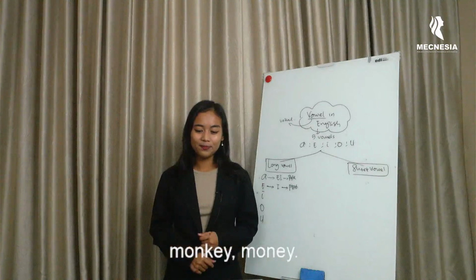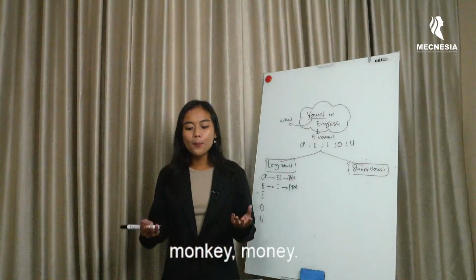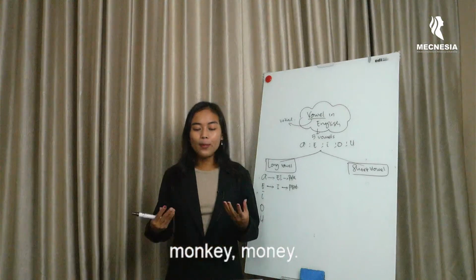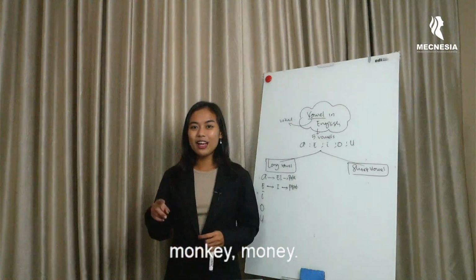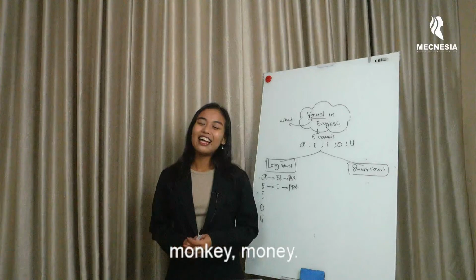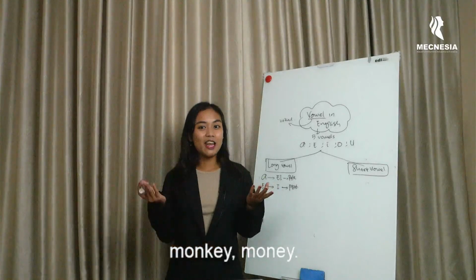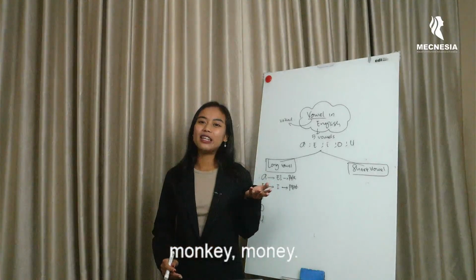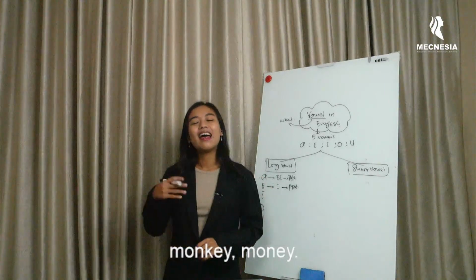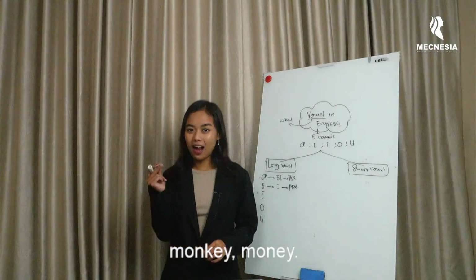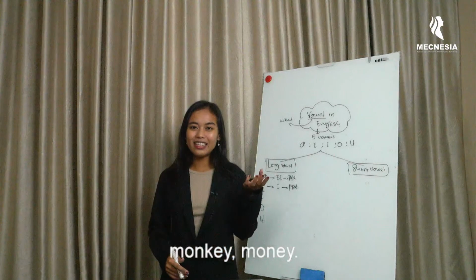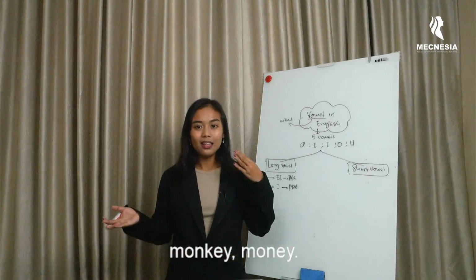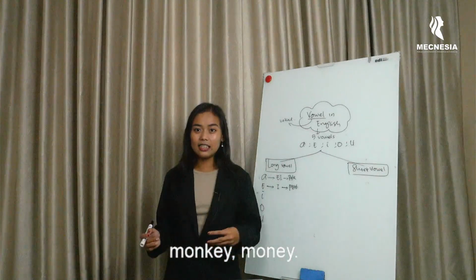Monkey. And in the word money. Money. One more time. Money. So we have monkey and money. Monkey means monyet. And money means uang. So, monkey and money.